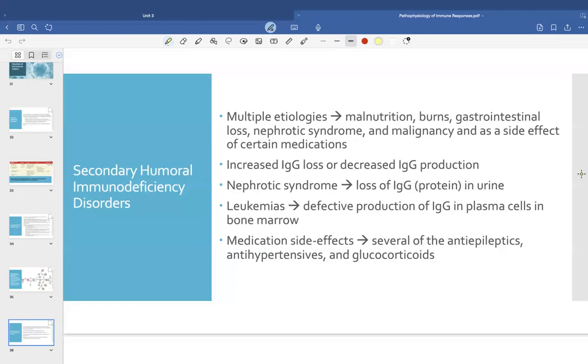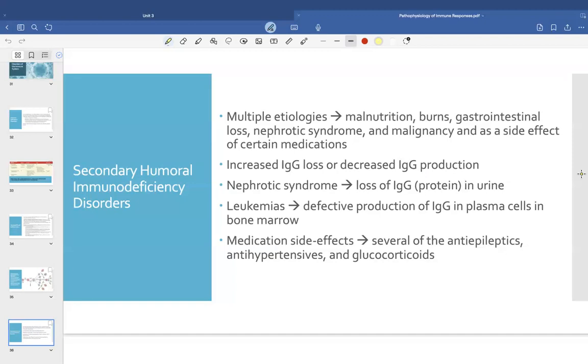And malignancy, and also side effects of medications. So we've learned about chemotherapies and different drugs that can affect our bone marrow. You can have either increased IgG loss or decreased IgG production. IgG being a major factor in the blood, but in all tissues.